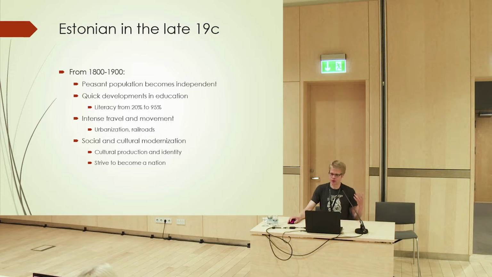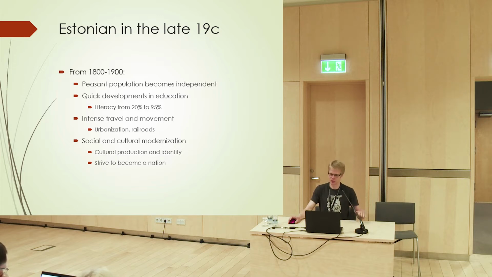A little bit of background on the object. I'm looking at the late 19th century, and throughout the 19th century, very rapid changes took place in Estonia. It was quite similar in Latvia as well, so many of you will probably recognize the story. Estonian was mostly spoken by the peasants, sometimes in the cities, but very rarely by the political elite or people who were rich and ruled the land.